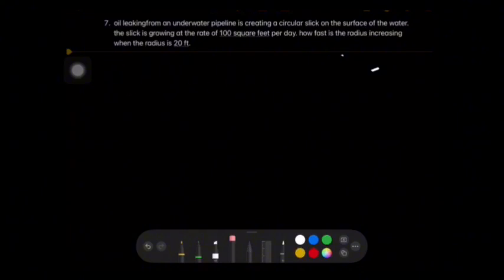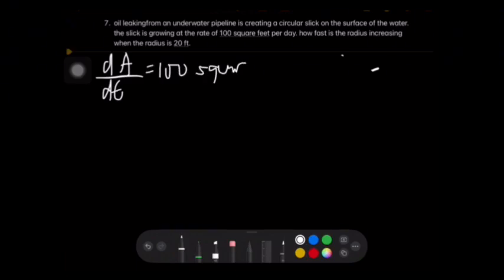Now the given is the rate of change in area. So dA over dt is equal to 100 square feet per day.